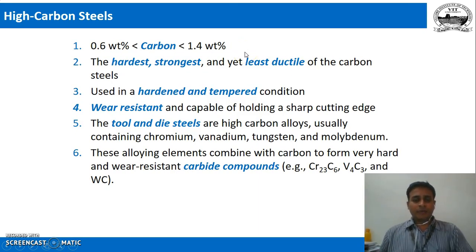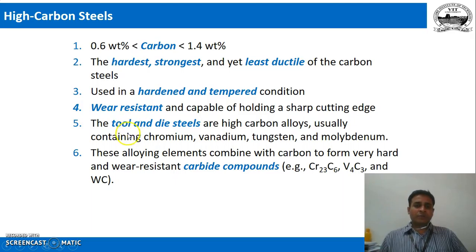So similarly, high carbon steels, as we have already mentioned, are specifically used. These you can harden and temper. You can easily harden these steels. And again, you use these steels where you require high hardness, okay. Like for example, for tools, and so on.